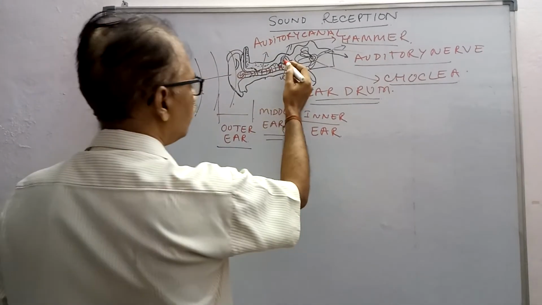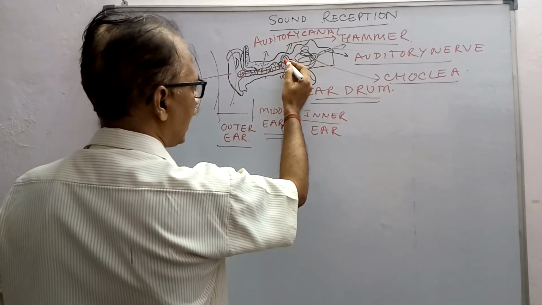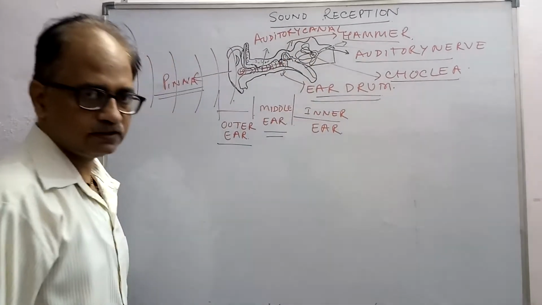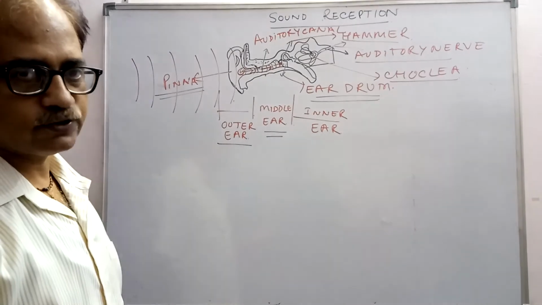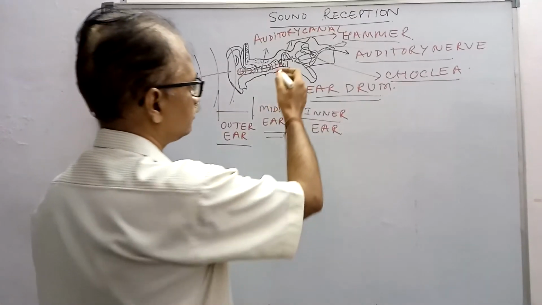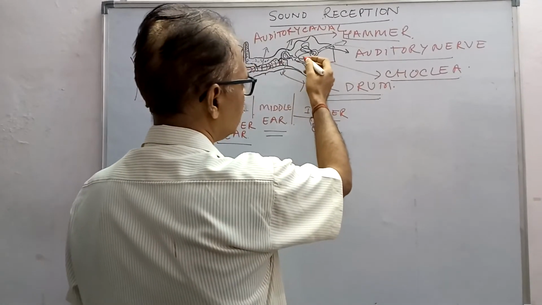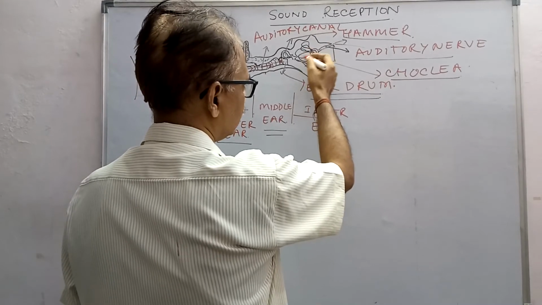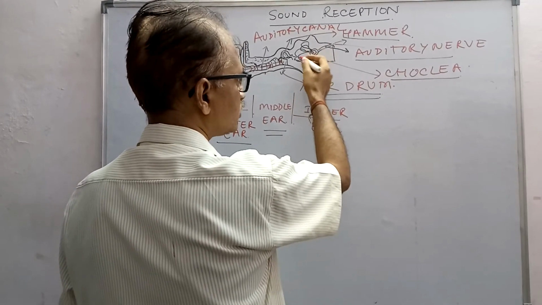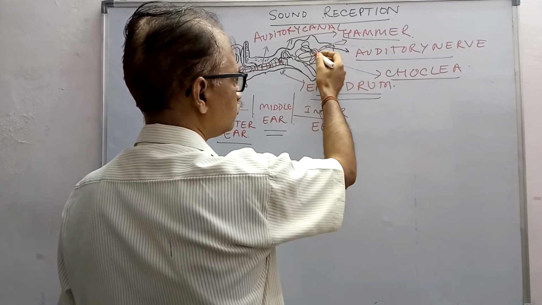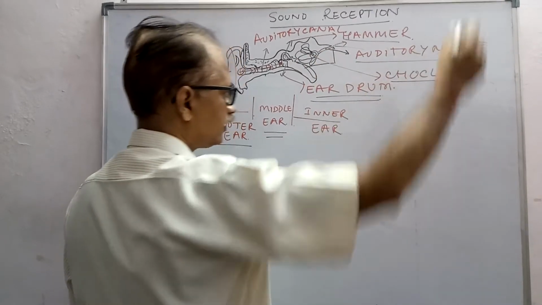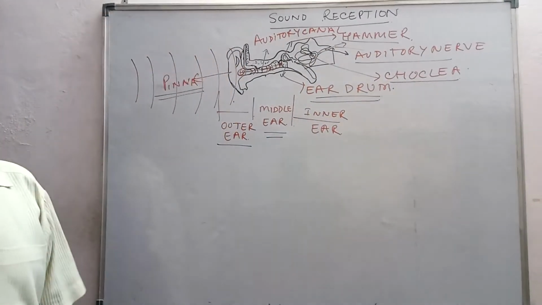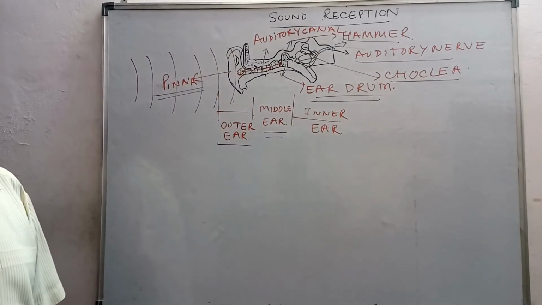It vibrates the hammer, which is connected with the other two bones, anvil and stirrup, that send the vibrations to the internal ear, the cochlea. From there the vibrations are sent to the auditory nerves, and the auditory nerves send them to the brain. This is the mechanism of hearing. This is how you are able to hear.